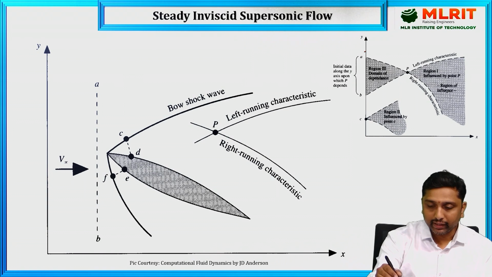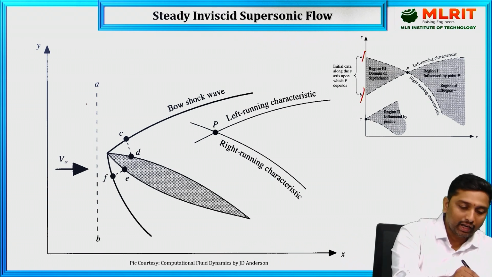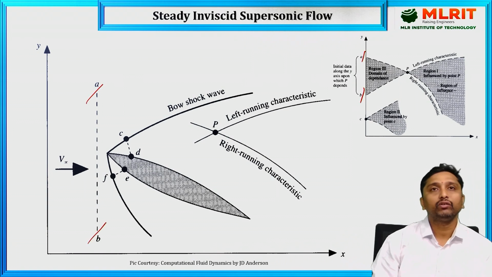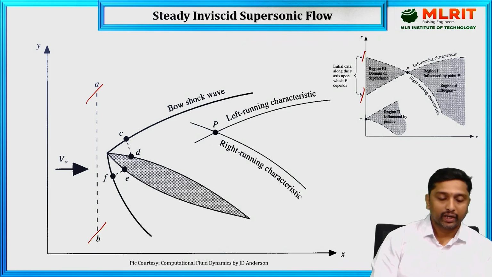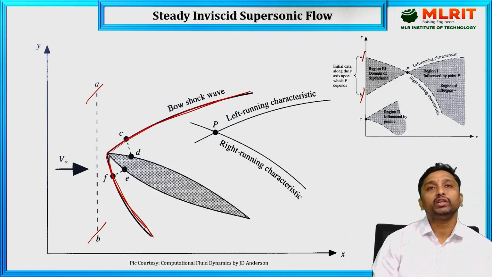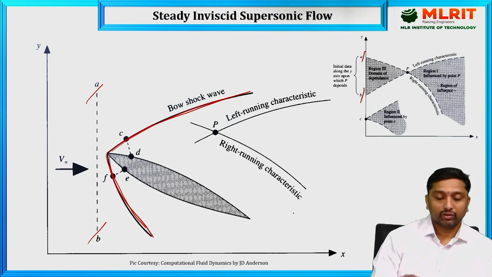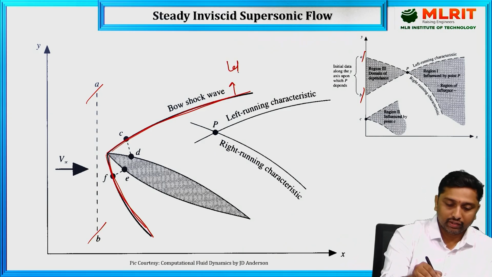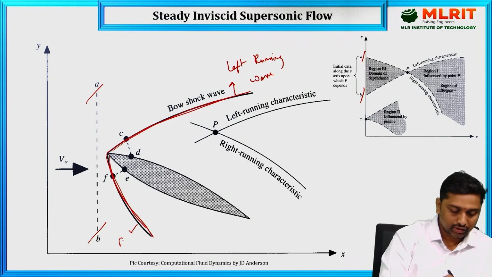If you compare, A and B form the initial data line for this flow, and we can observe the formation of a shock wave on both sides of the airfoil. This is the left running wave and this is the right running wave.